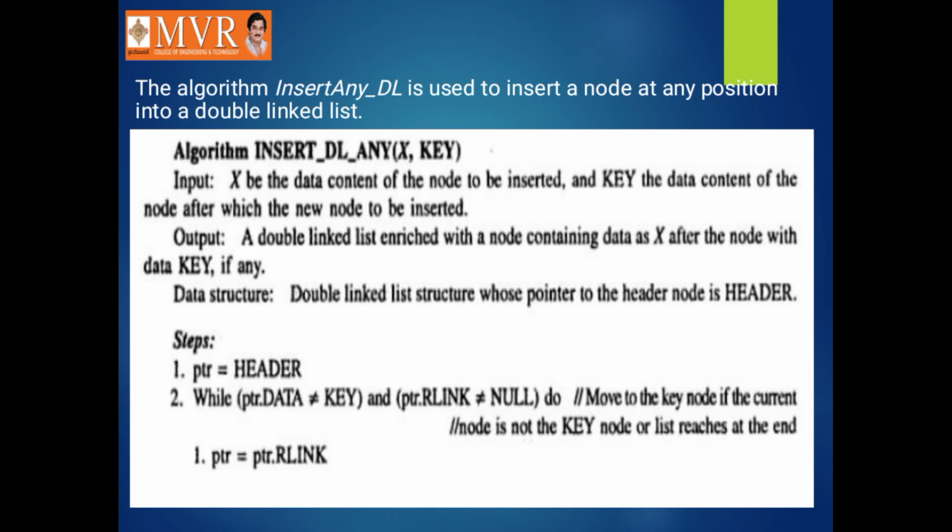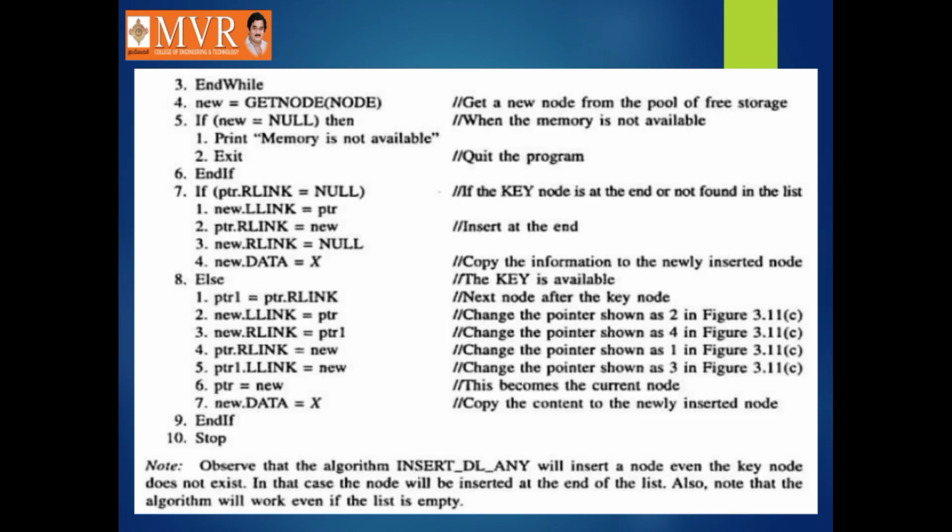First we start at the header node, that is place the pointer at the header, then from there we move to the next node, then to the next node till our required position is reached, and after that we place the links between the new node and the already existing nodes, and also we place the data X in the new node.